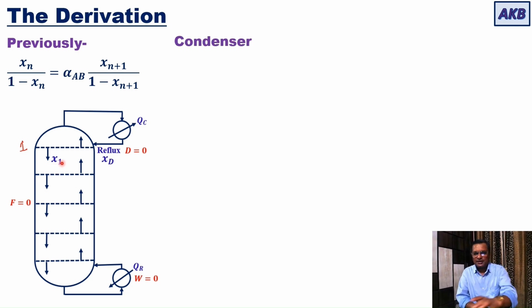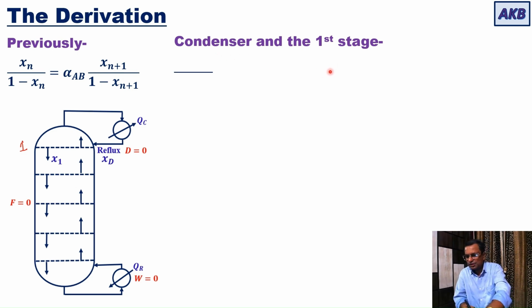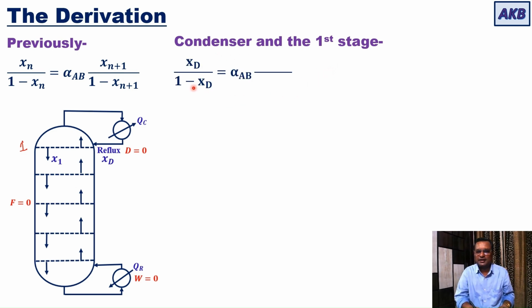That means if I have to consider the condenser and the first stage together, the equation will be written like this: XD upon 1 minus XD is equal to alpha AB into X1 divided by 1 minus X1, and I am calling it equation 1.